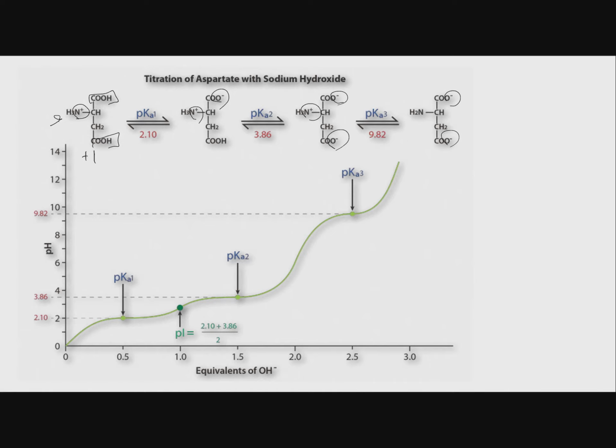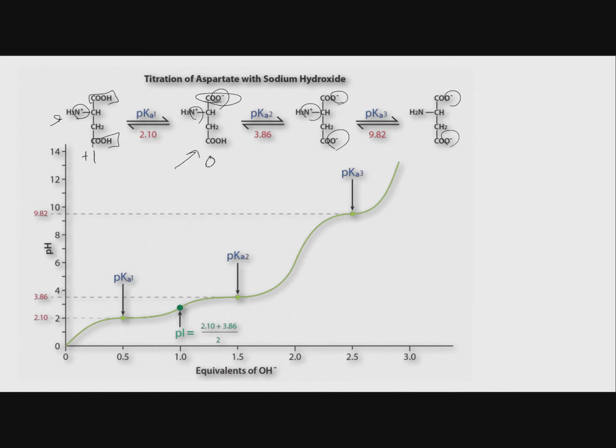And so as we move down the line here, we see that this next particular iteration of the molecule, one of the pKa's has passed, and so our carboxyl group has lost its hydrogen, gaining a negative charge. Now the charges are equal, and we'll talk about what a Zwitter ion is.